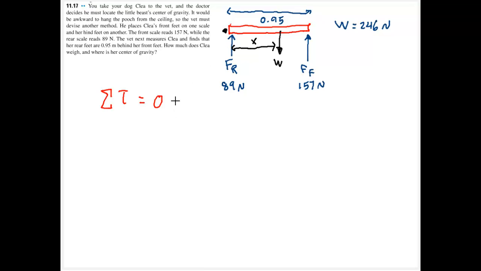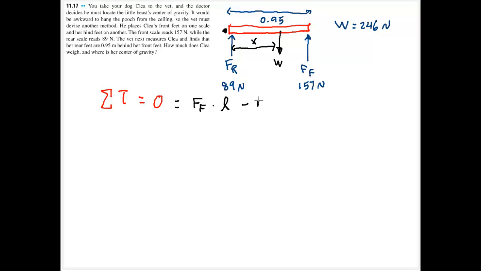I could pick the rear or the front with equal ease. So I'm going to say what are my forces and what are my perpendicular distances. I'm going to have the force of the front feet multiplied by the length of the dog. The force is perpendicular to the length of the dog, and that's in the counterclockwise direction, so that's negative.